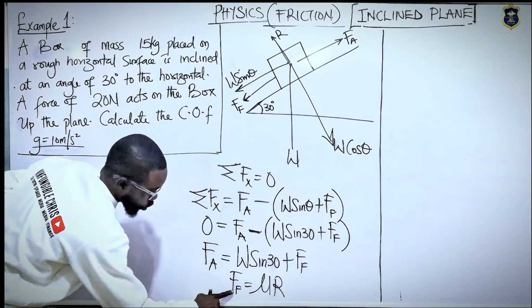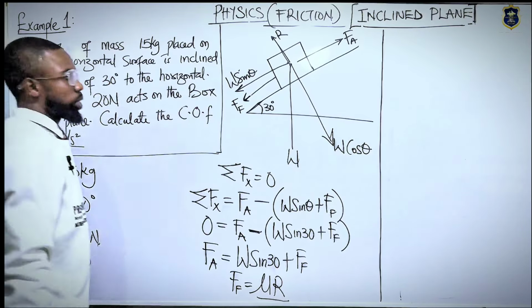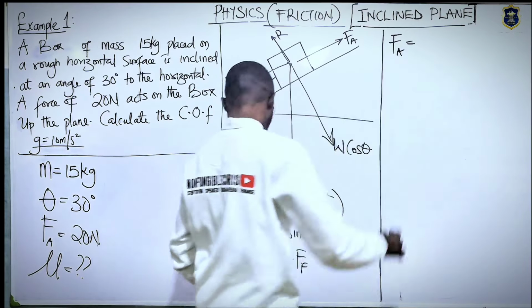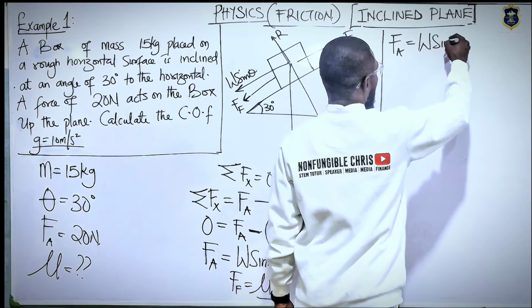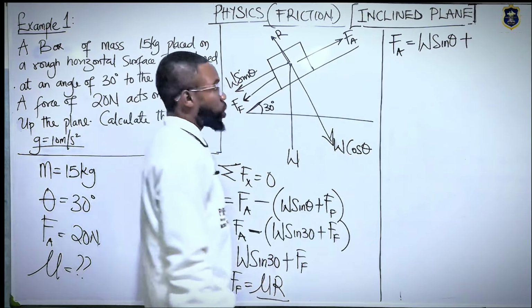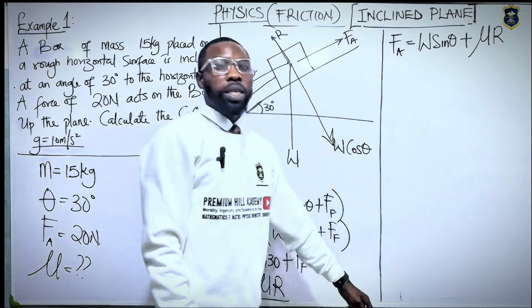Mu R. So I can substitute this for what we have here. So for equation 1, I have that applied force is equal to W sine theta plus what? Instead of putting the frictional force, I put mu R here. Right? Let's take it a step further.